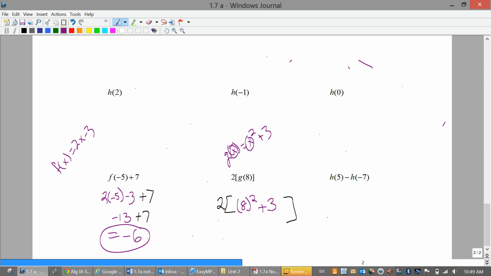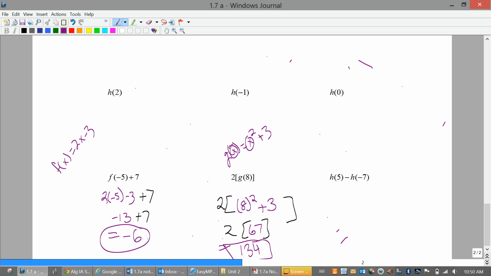We're going to change x to 8. Okay, we're going to figure out what function machine G does to 8. 8 squared is 64. 64 plus 3 is 67. And then we're going to multiply it by 2, which is going to be 134. That's right?